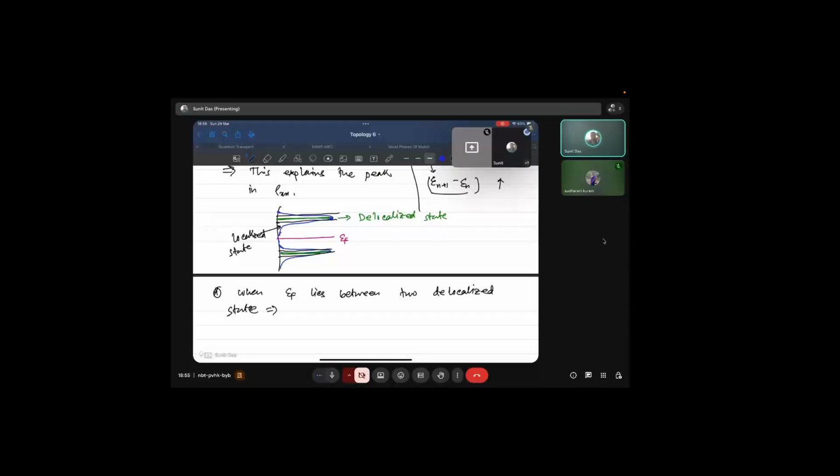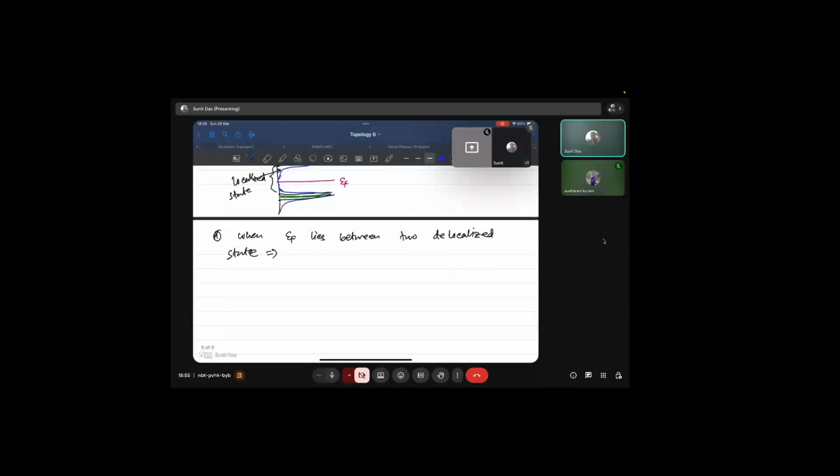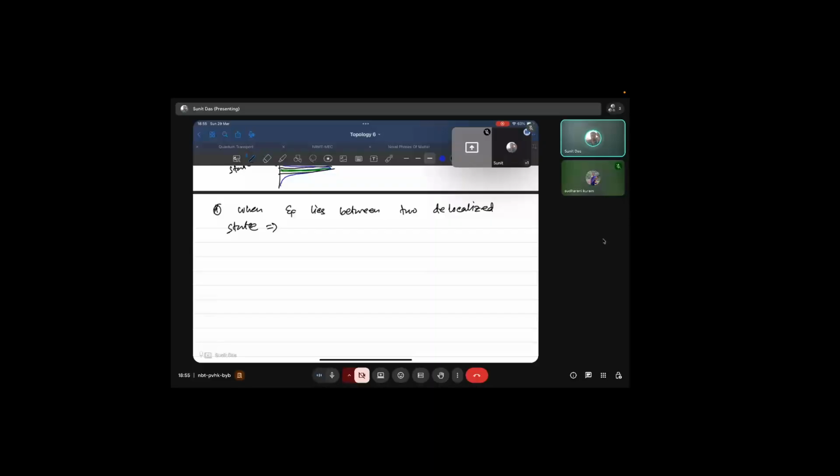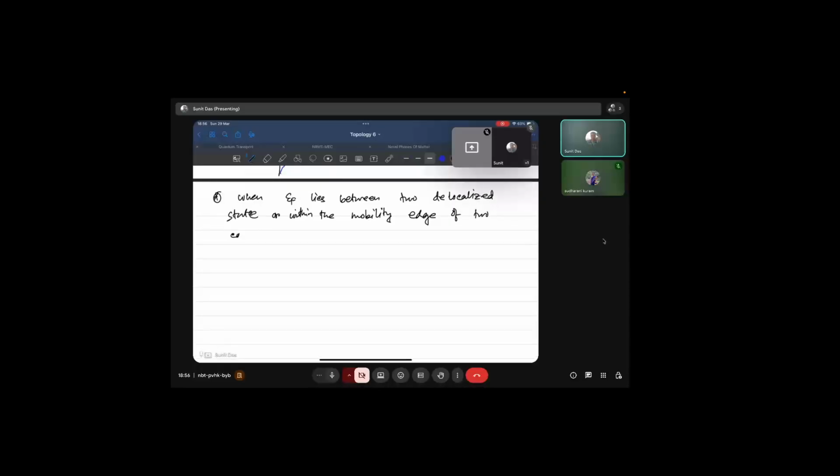So the delocalized states are these. When E_F lies between two consecutive Landau levels, you have rho xx equal to 0.